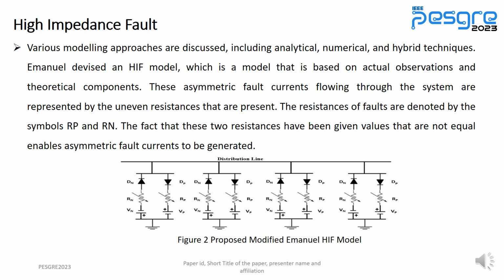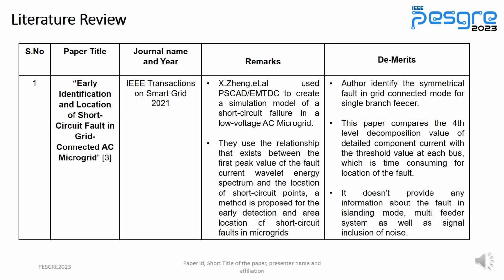From figure 2, we can see the uneven resistances. These resistances of faults are denoted by the symbols Rp and Rn. The fact that these two resistances have values that are not equal enables asymmetric fault current to be generated. So these two resistances will form the asymmetric characteristics of the high impedance fault. Figure 2 represents the modified Emmanuel HIF model.